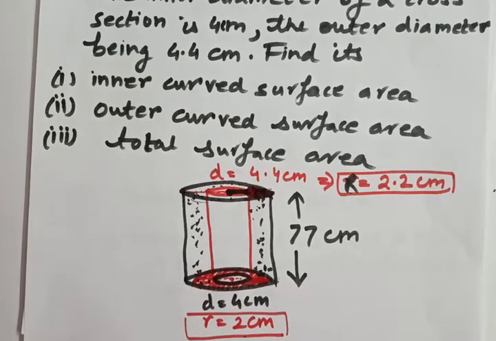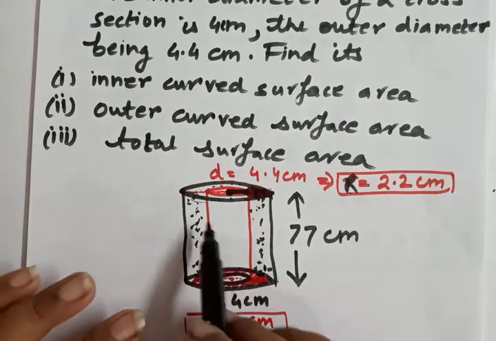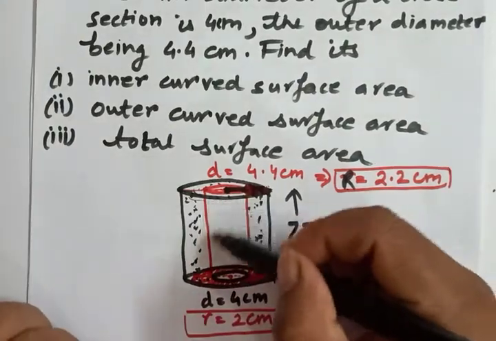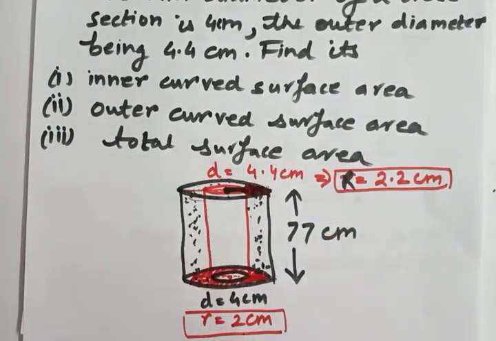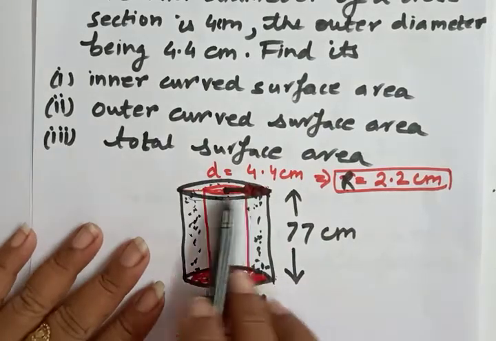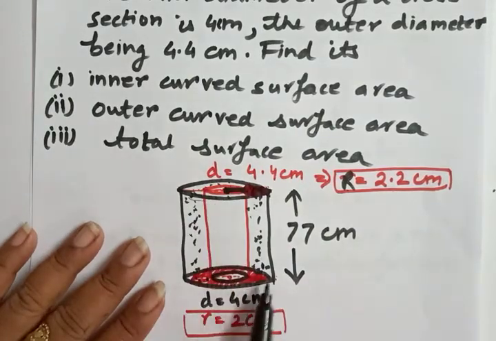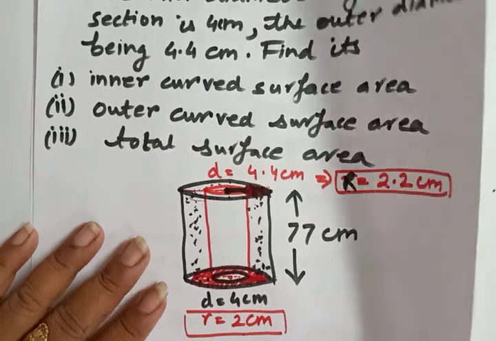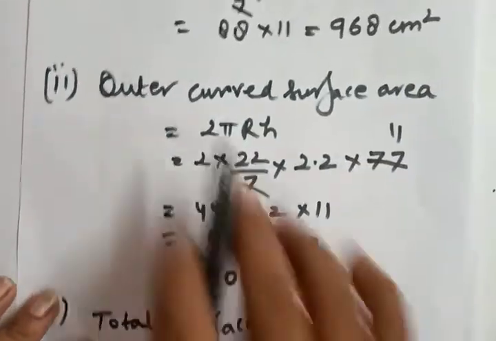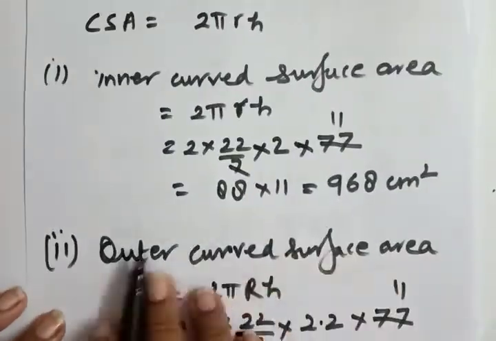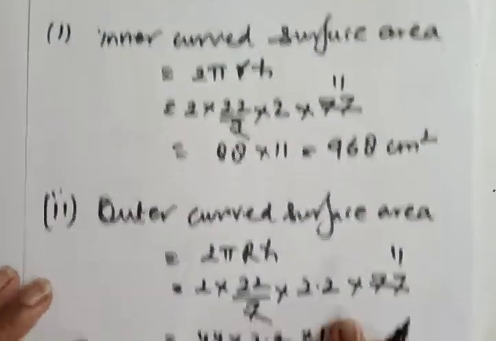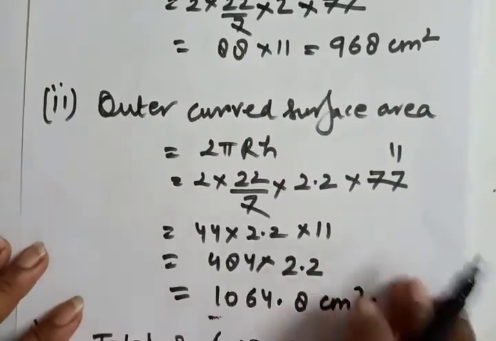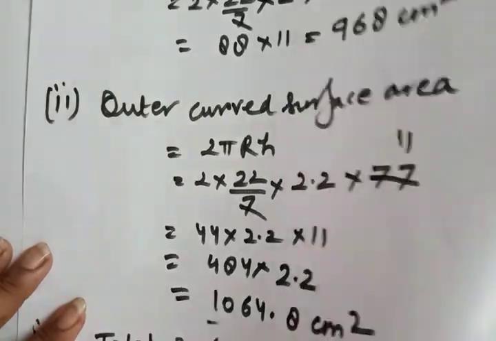So in the cylindrical metal pipe we could see the inner portion, because it is hollow from this side, and the outer curved surface area, and the upper surface as well as the bottom surface. So we simply find out the inner curved surface area by 2 pi r h, by putting the values, and the outer curved surface area is easy.